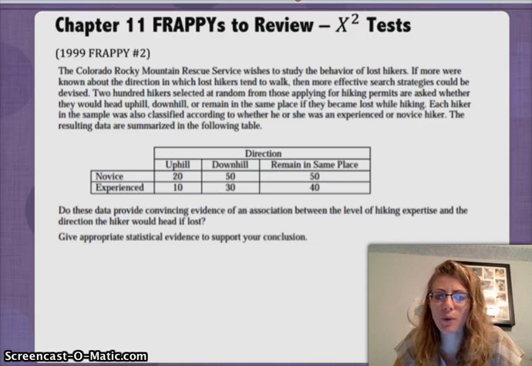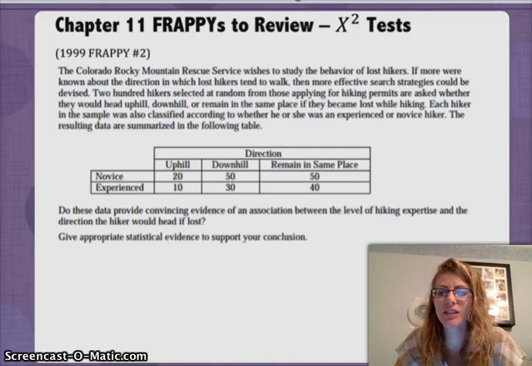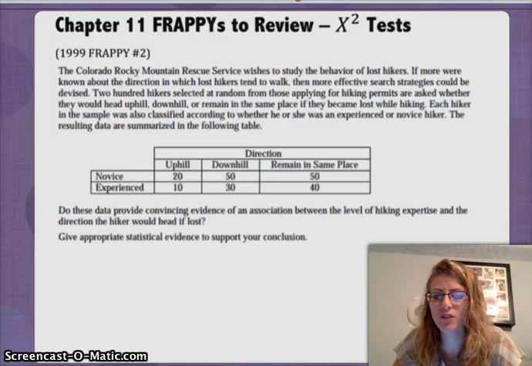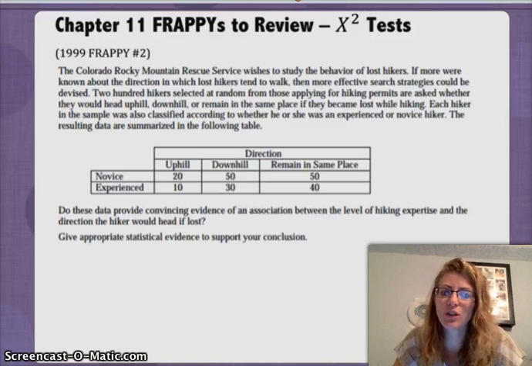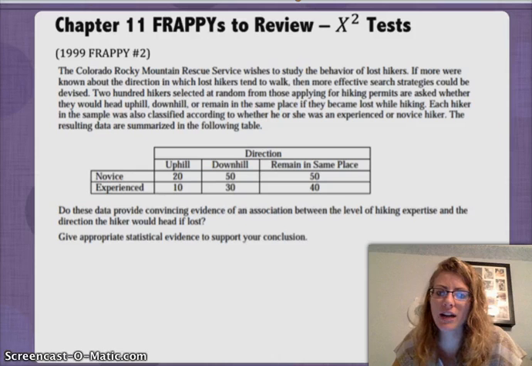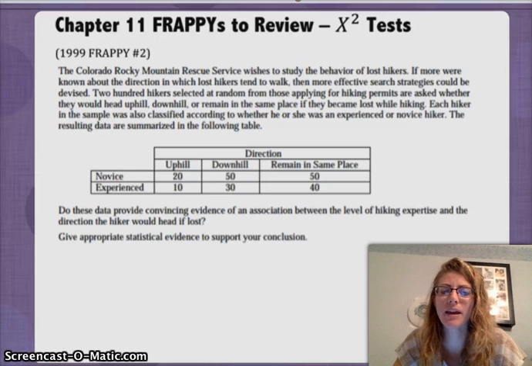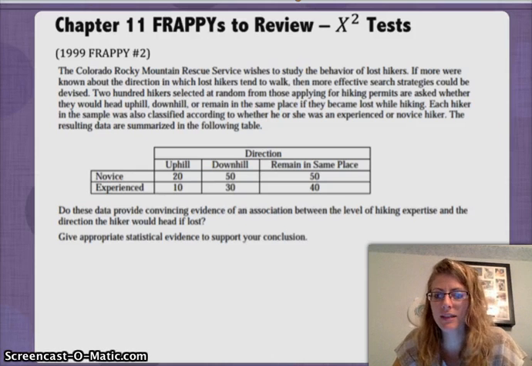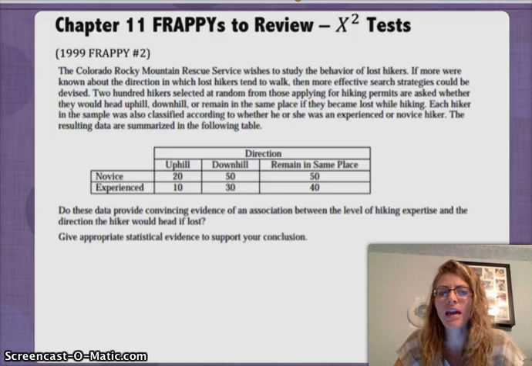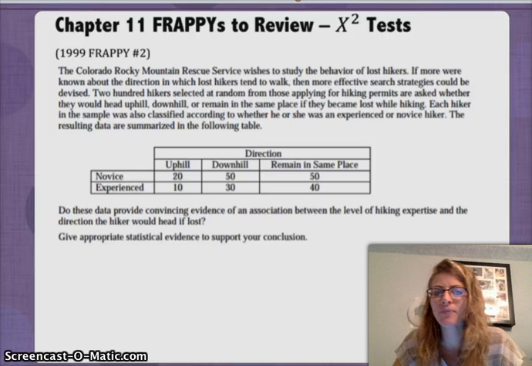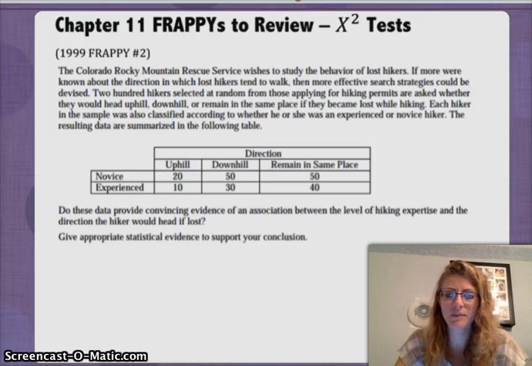If more were known about the direction in which lost hikers tend to walk, then more effective search strategies could be devised. 200 hikers selected at random from those applying for hiking permits are asked whether they would head uphill, downhill, or remain in the same place if they became lost while hiking. Each hiker in the sample was also classified according to whether he or she was an experienced or novice hiker.